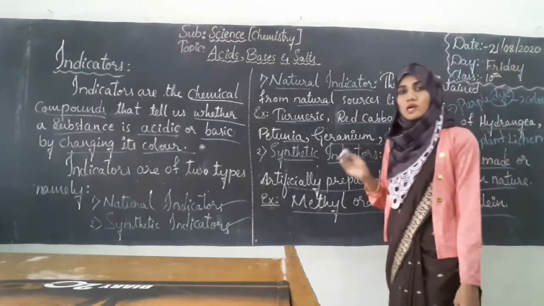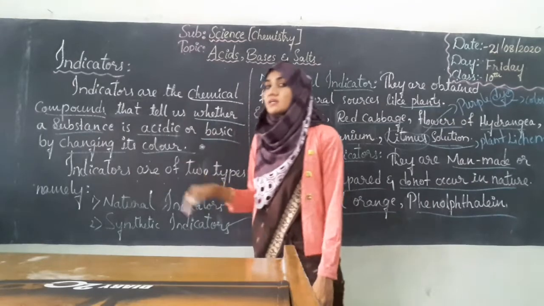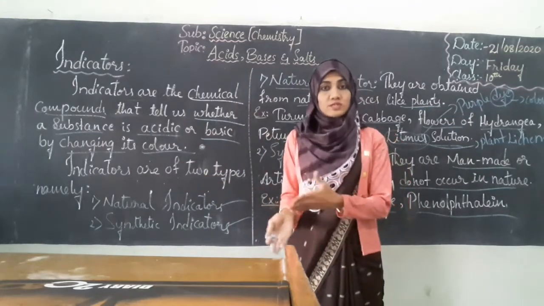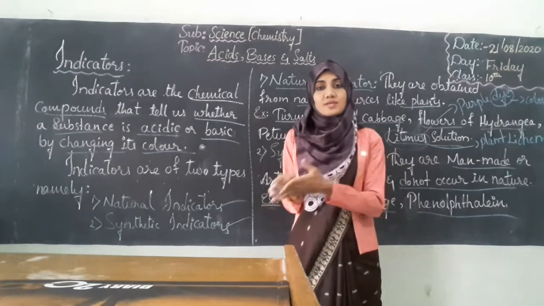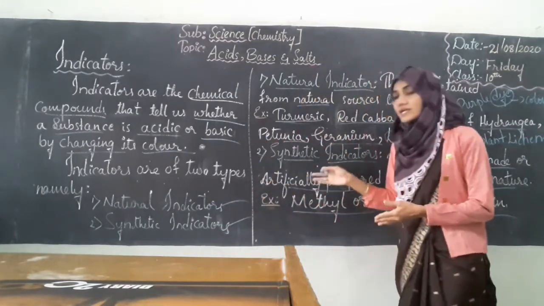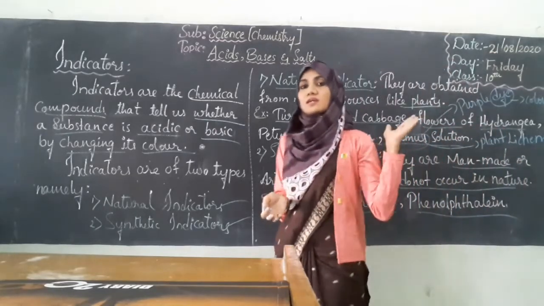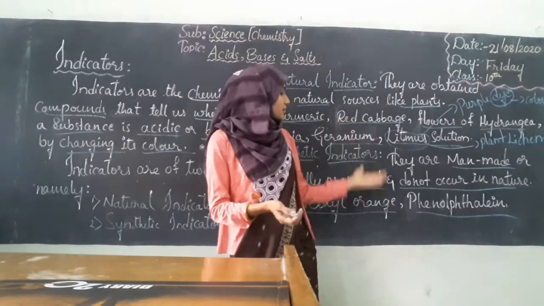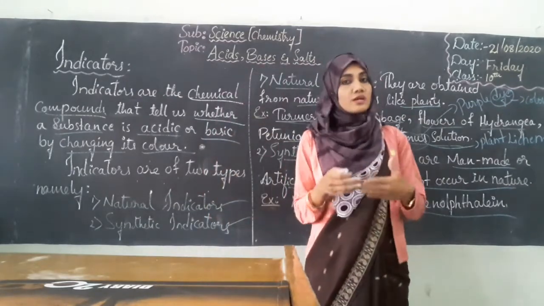So now you got to know about indicators. Indicators are nothing but chemical substances that tell us whether a particular substance is acidic or basic in nature, and they are of two types, natural and synthetic. Natural means they occur naturally in nature, and synthetic means they are man-made or artificially prepared.